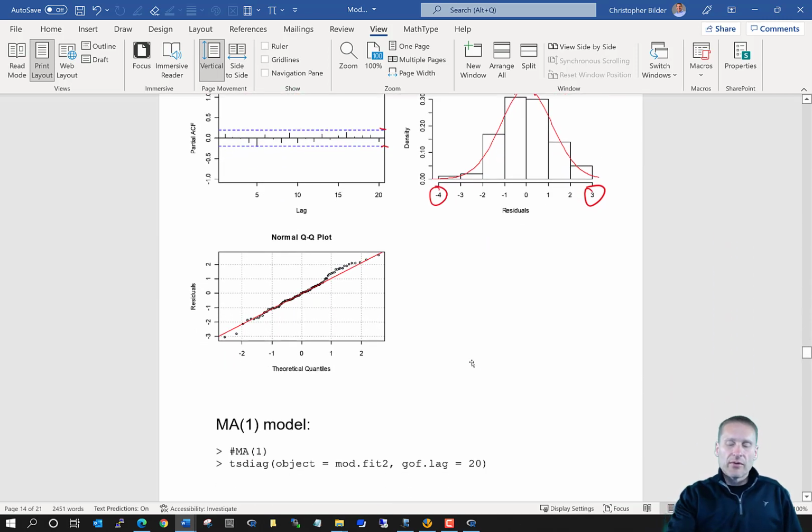The qqline function put the red line there. So we have the residuals here, and what would be the corresponding quantiles from a normal distribution. For example, the smallest residual is a little bit greater than -3, and the corresponding quantile from this normal distribution would be about 2.7 or so.